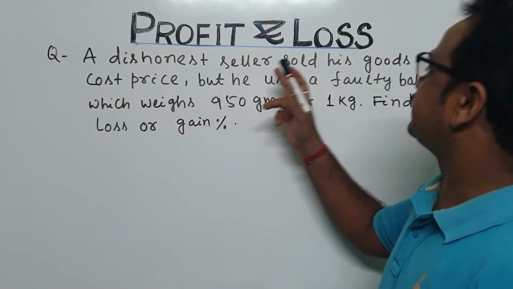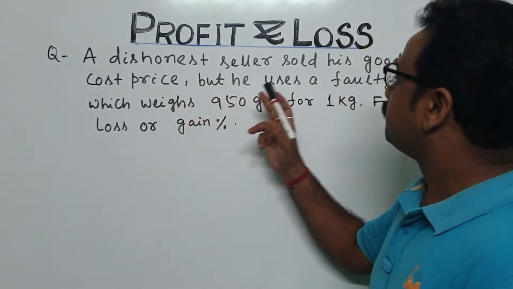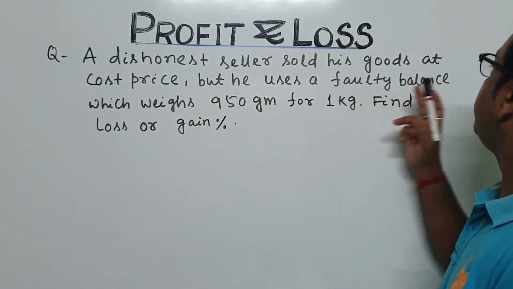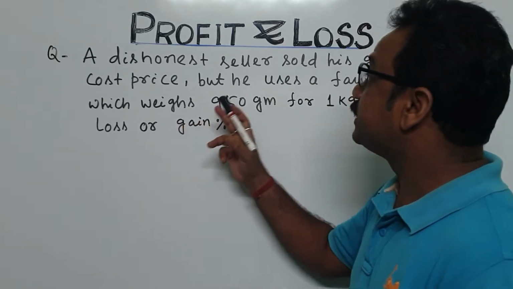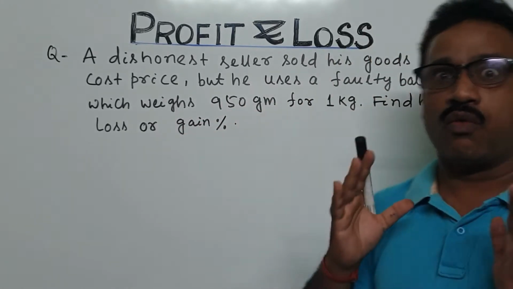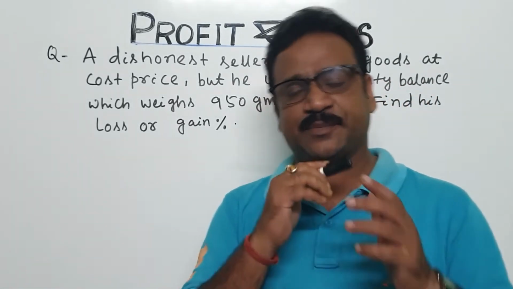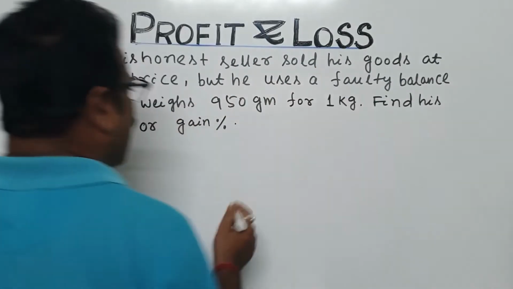A dishonest seller sold his goods at cost price, but he uses a faulty balance which weighs 950 gram for 1 kg. So find its loss or gain percent. So what will we do here?